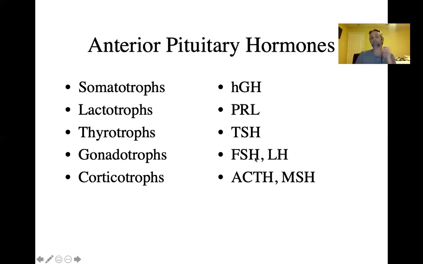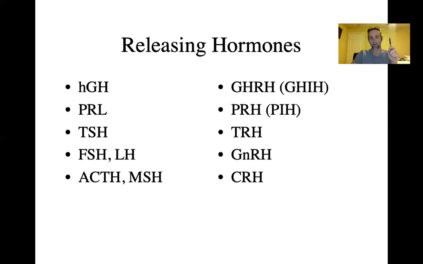But remember, the pituitary gland will not work without the hypothalamus telling it to work. So these are permissive hormones, by the way. The hypothalamus is going to make a releasing hormone that will travel to the anterior pituitary and tell it to make this.